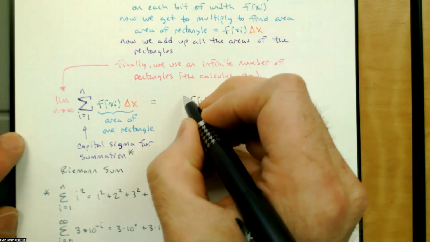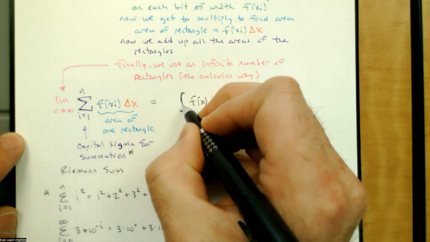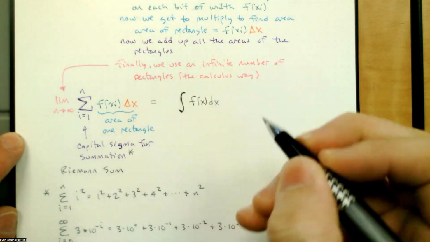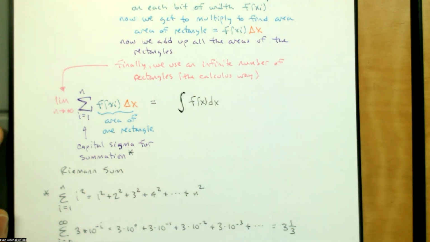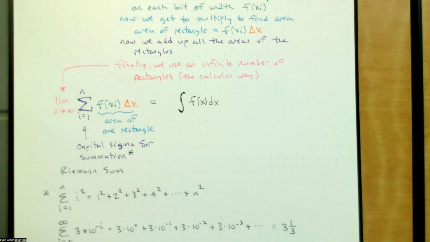We put an integral symbol, which is kind of like a stretchy S. So our capital sigma for a discrete sum becomes our continuous S, like the holes on a violin. That's why that one calculus book has a picture of a violin on it all the time.